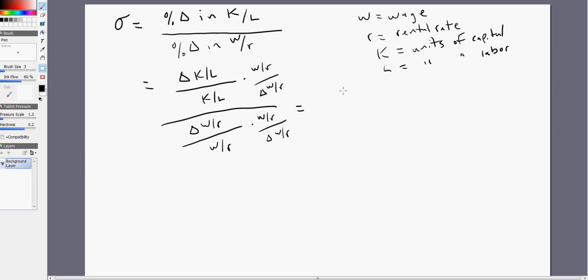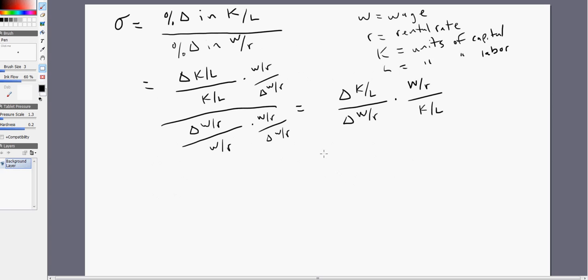And if you do that, we're going to get something that looks like this now. And that is our elasticity of substitution.